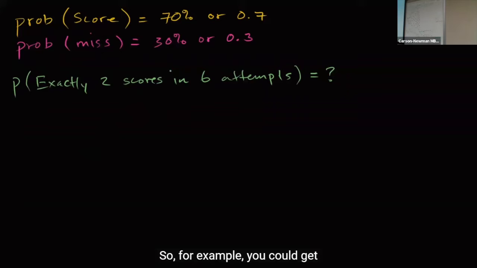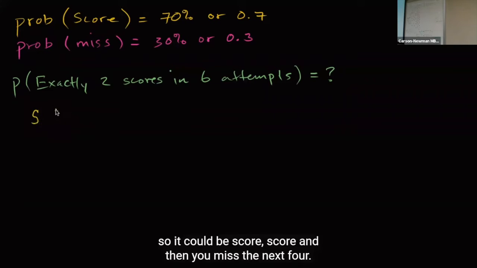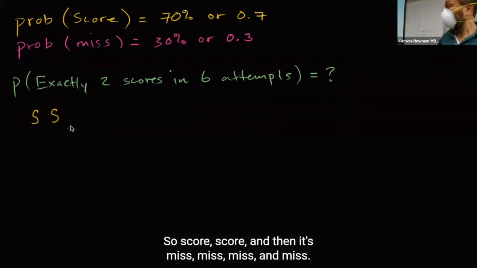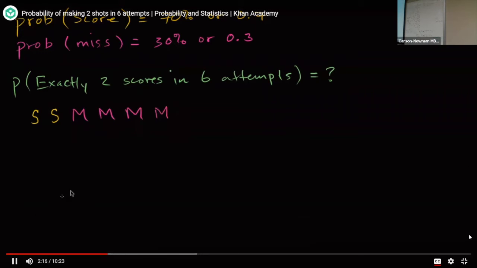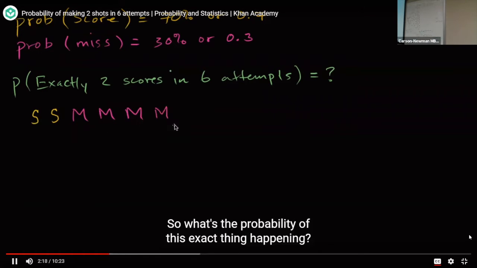So, for example, you could make the first 2 free throws, and then you miss the next 4. So score, score, and miss, miss, miss, miss. What's the probability of this exact thing happening?